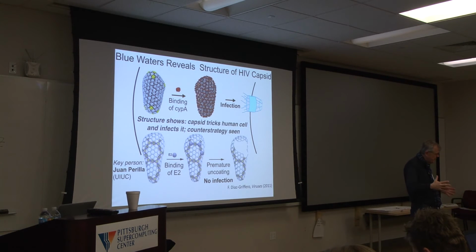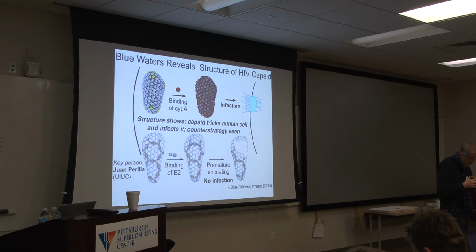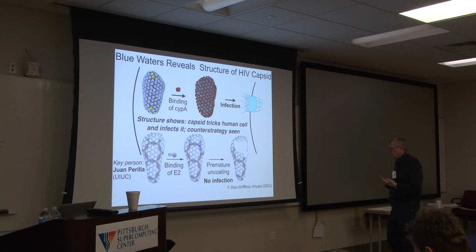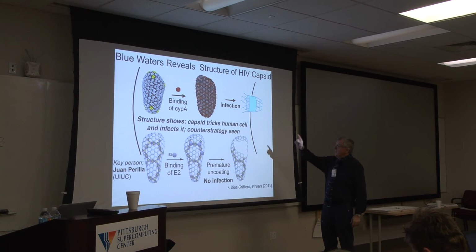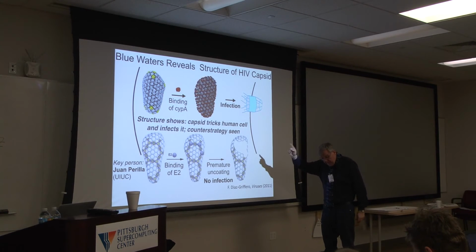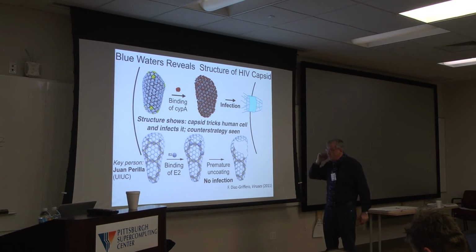To put these different pieces of information together to get a structure that is in agreement with all the different data, only the computer can do. And so here we developed a methodology for this. We call it molecular dynamics flexible fitting. I don't want to go into further detail, but it permitted us first to get the structure together with the experimentalist, and now, once we had the structure, we could simulate it.